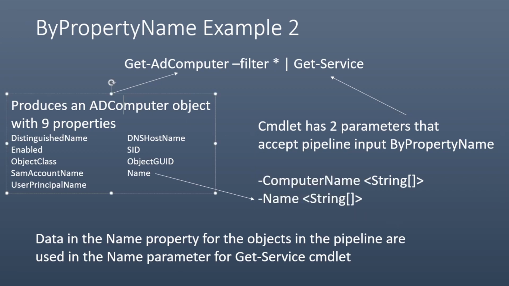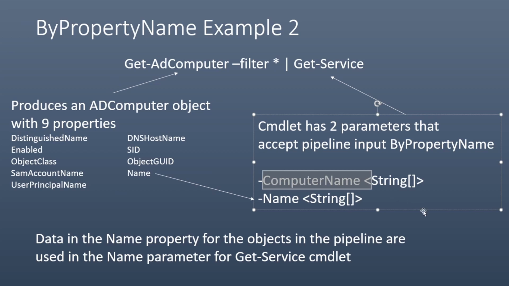Does the object in the pipeline have properties that match the names of the parameters? In this case, the data in the name property will be presented to the name parameter, and if there was a computer name property, the data for it would be presented to the computer name parameter.